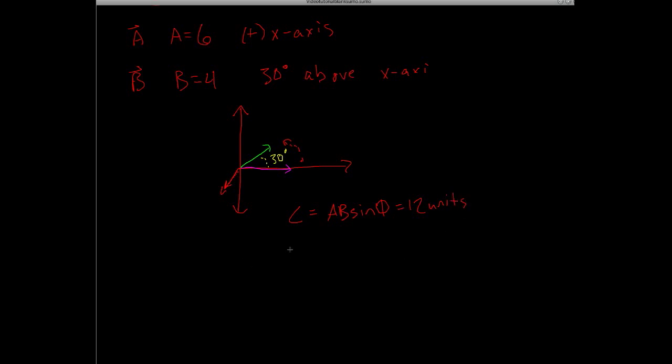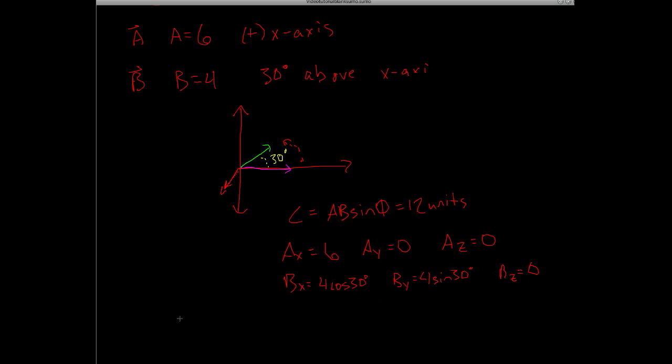Now, our components. We've got Ax equal to 6, Ay equal to 0, and Az is also equal to 0. Bx is 4 cosine of 30 degrees. By is 4 sine of 30 degrees. And Bz equals 0.